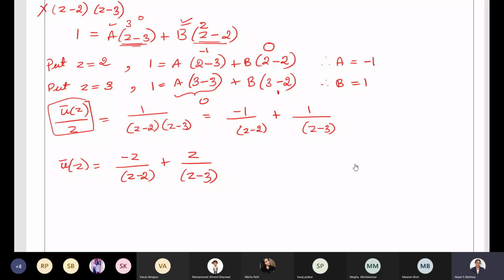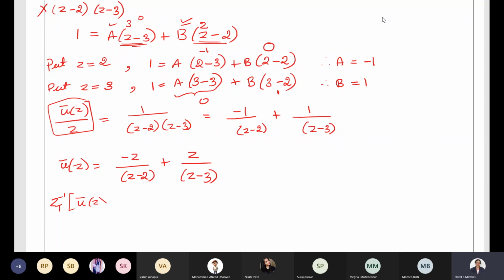Yes, ma'am. Done. Now apply inverse Z transform.